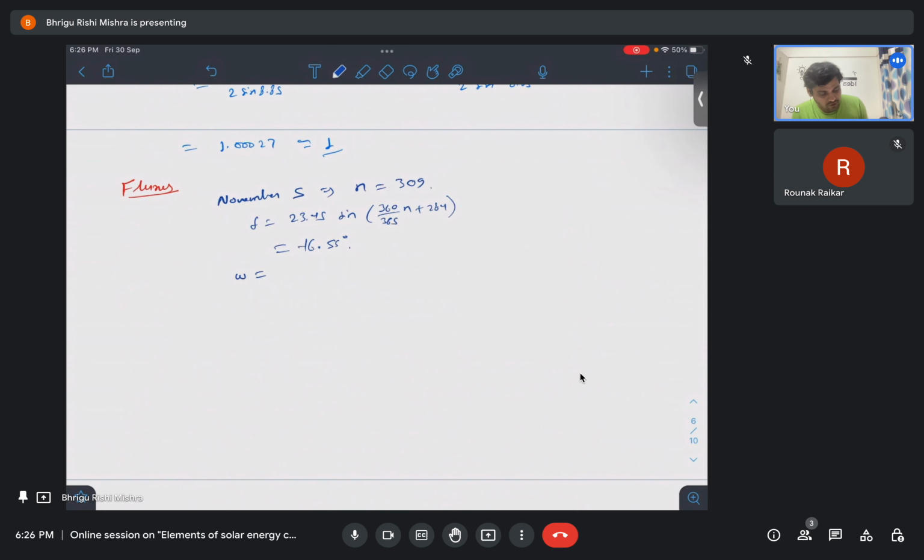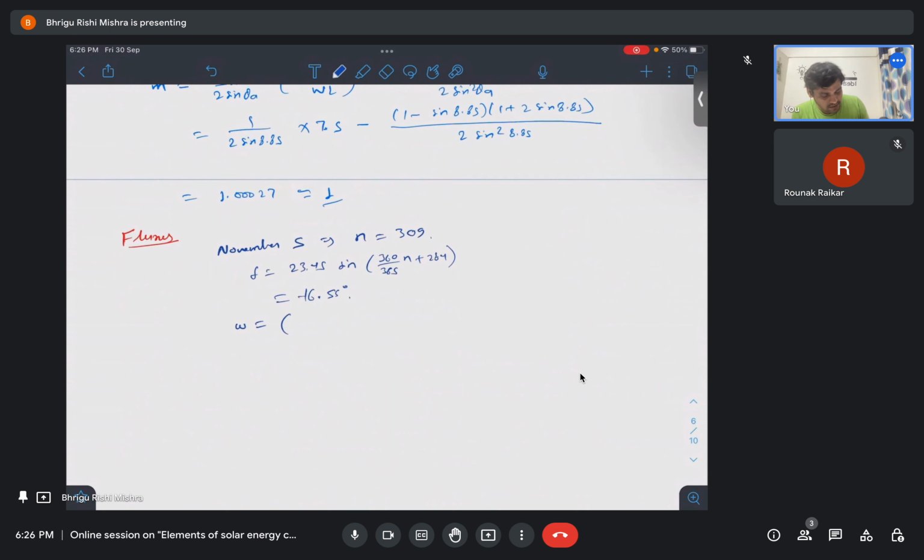Okay, so omega is (time minus 12) into 15, and it is 11 hours. 11 minus 12 into 15, so it is minus 15 degree. Minus, since it is before the noon, that means in the morning.